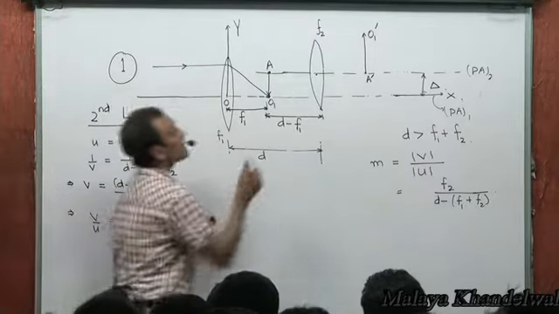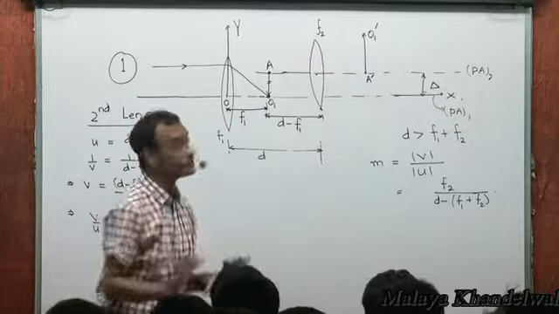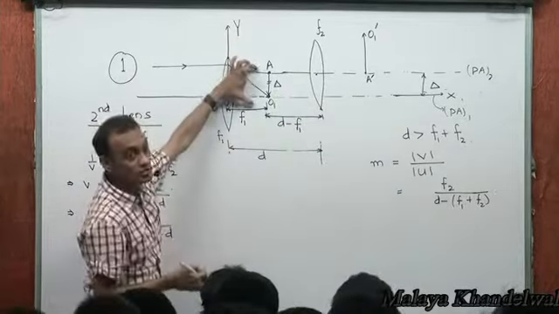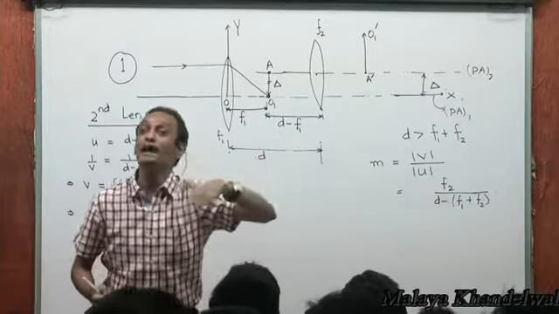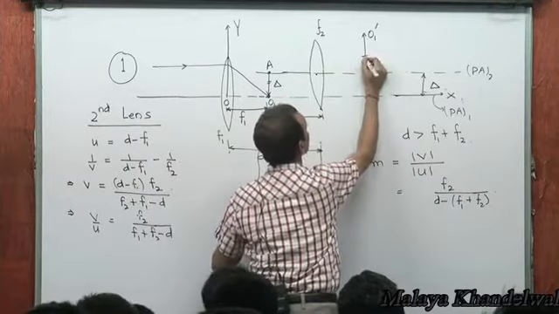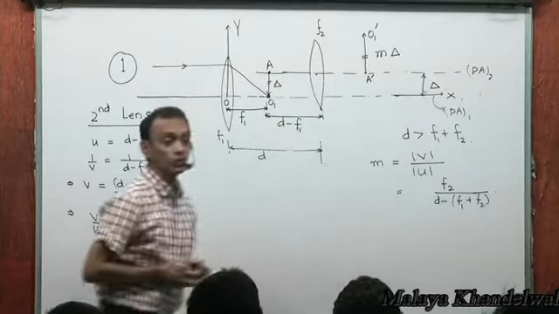Now, the size of the object, if AO1 is looked upon as an extended object, the size of the object is delta. This separation. The size of the image would be m times delta. So the size of this image is going to be m times delta. Delta is known to us.